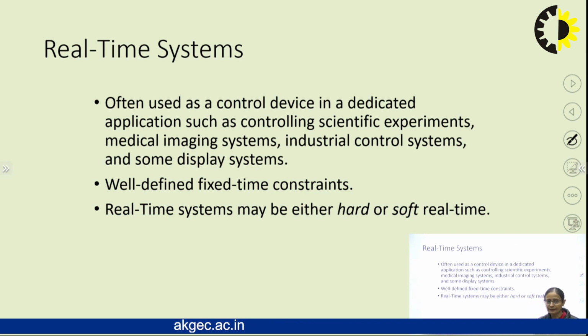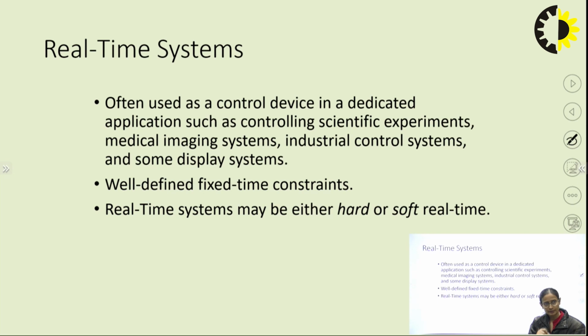Another important category is real-time systems. As the name has time in it, it signifies that time is the major factor in the OS here. It is often used as a control device in a dedicated application, for example controlling scientific experiments, medical imaging systems, industrial control systems, and some display systems.